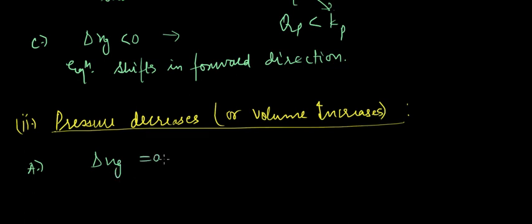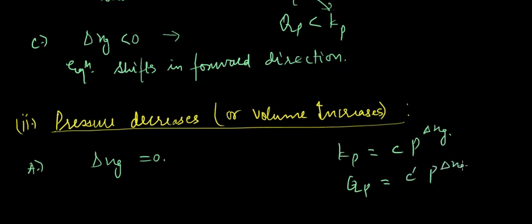So if delta ng is 0, we know that Kp would be equal to C times P to the power delta ng. We can also write Qp as another constant C dash times P raised to the power delta ng. So when delta ng is 0, Kp would be constant, it would have the current value itself, so no change, so no effect on equilibrium.